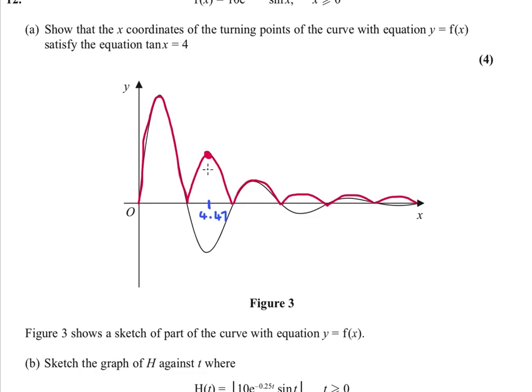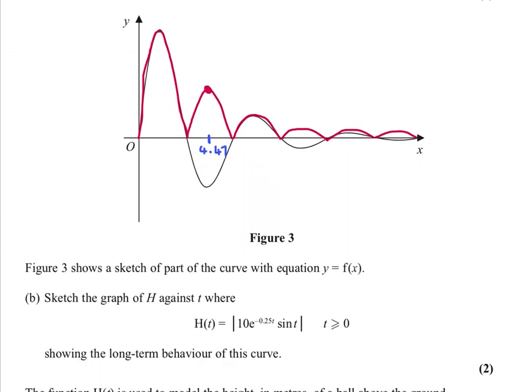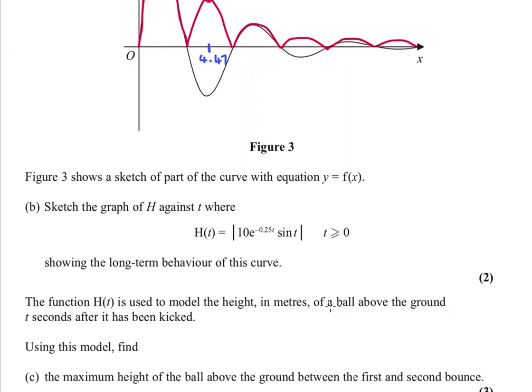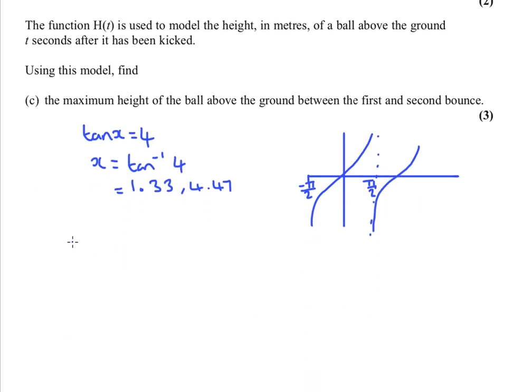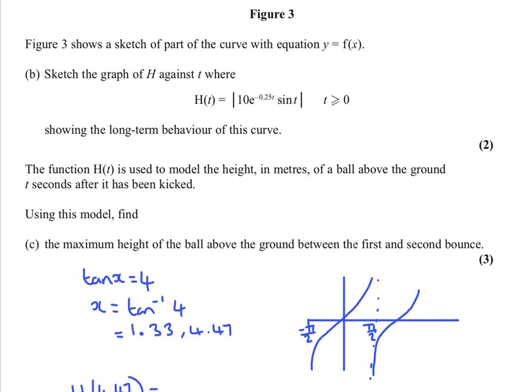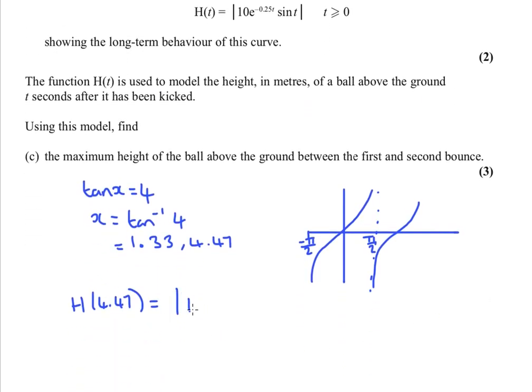Now that's just the value that the maximum point occurs at. We want the value of the maximum point. We want to know the actual height that the ball reaches. So we need to sub that into here. So h of 4.47, and I'm going to use the exact answer, so I'm going to use the answer button on my calculator, is going to be the modulus of 10 times e to the minus 0.25 times 4.47 times by sine of 4.47.